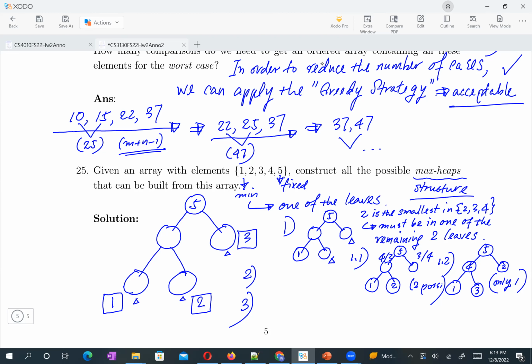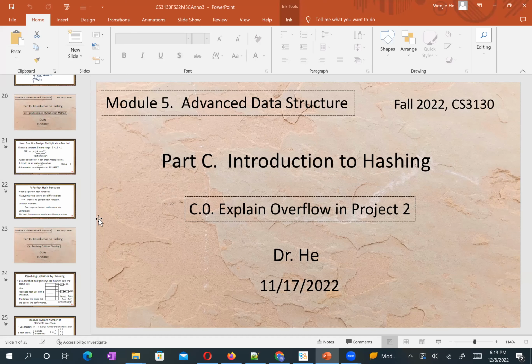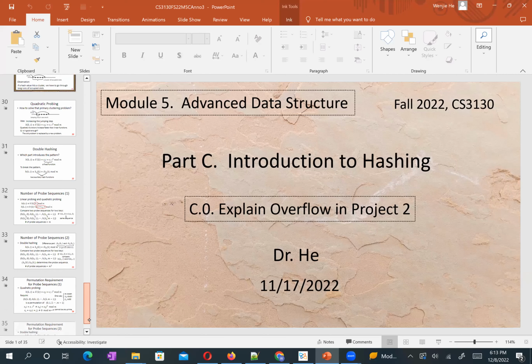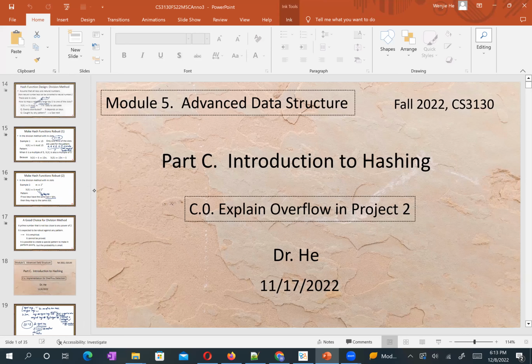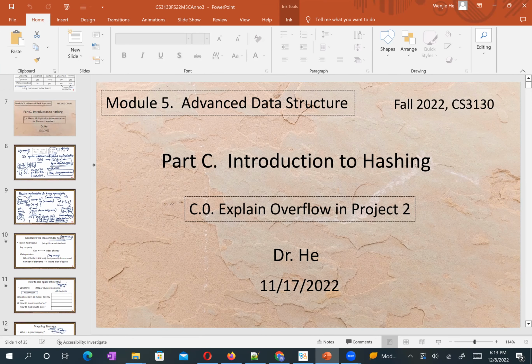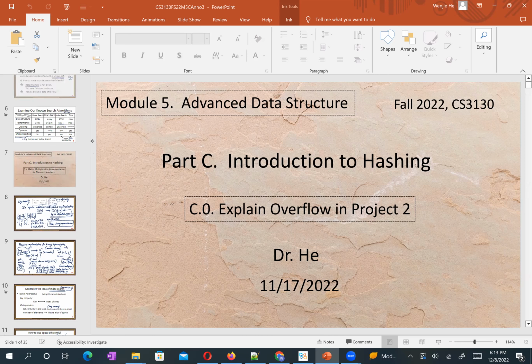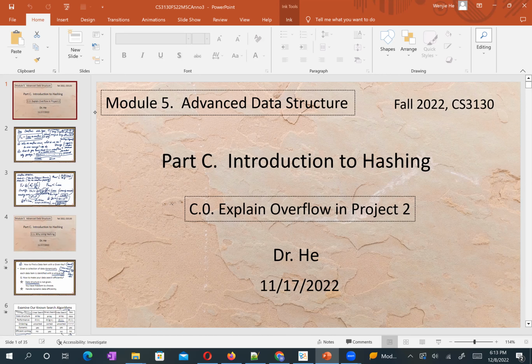Then let me move to the overflow question. Let me think, do I have some blank pages I can use to explain?